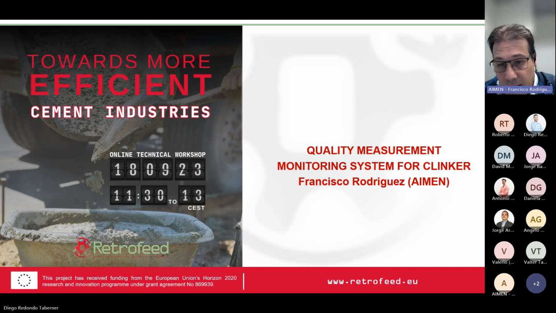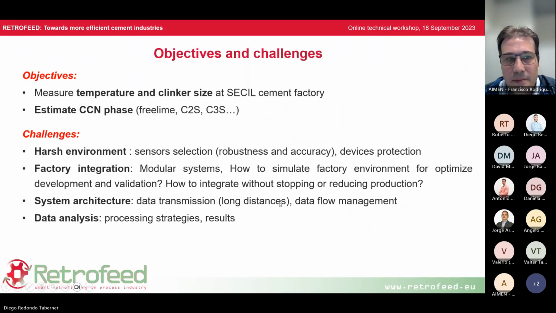The objectives were to monitor the temperature and size of the clinker and estimate some phases, free lime, C2S, C3S, which allow determining the quality of the different clinkers coming out in the flow from the coolers.